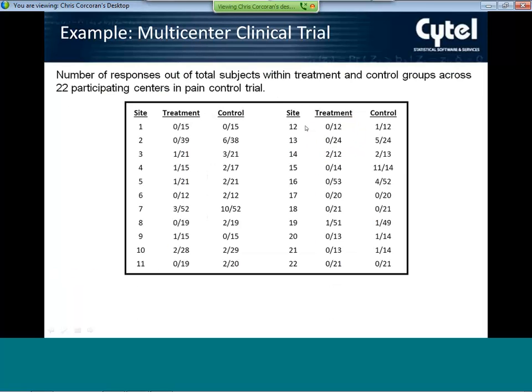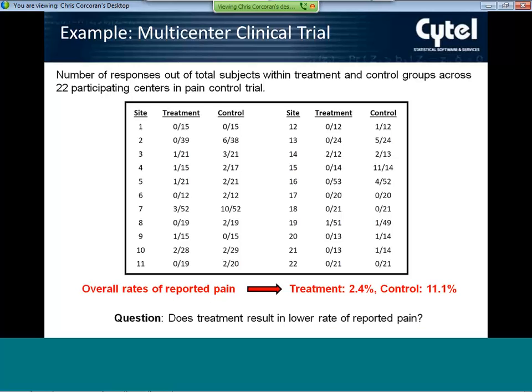Moving on to the next example, this is the multi-site pain trial that we talked about here, where we want to compare treatment to control in terms of the rates of pain after treatment. But again, the key is that we want to control for site.